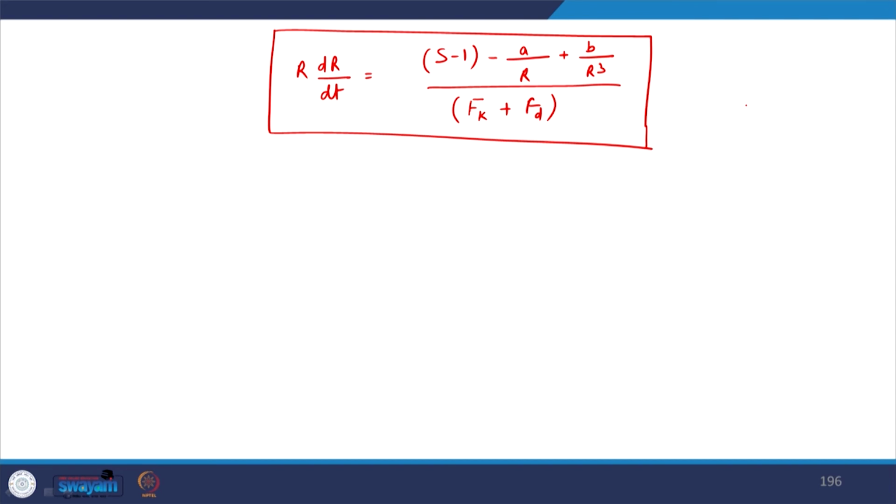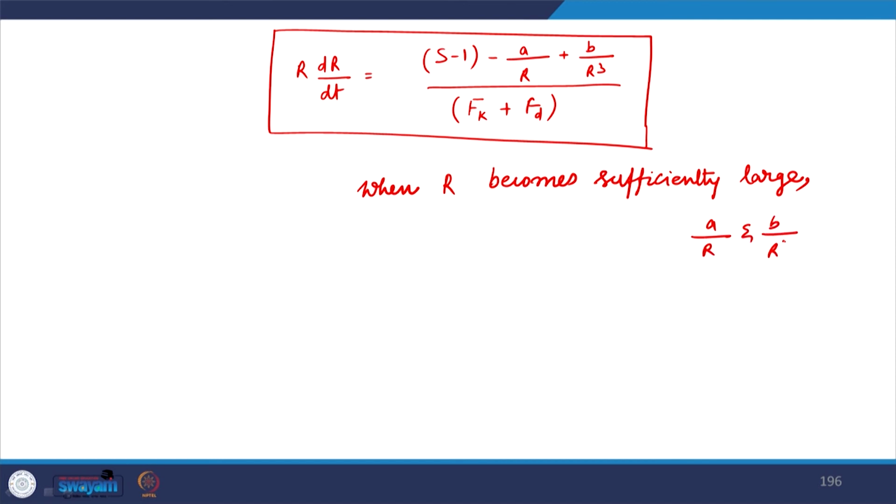Let's say that when the radius r becomes sufficiently large, then we can simply say that A by R and B by R cube will be negligible. Of course, they will just be negligible, right.